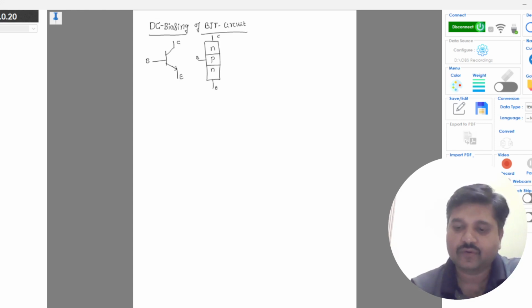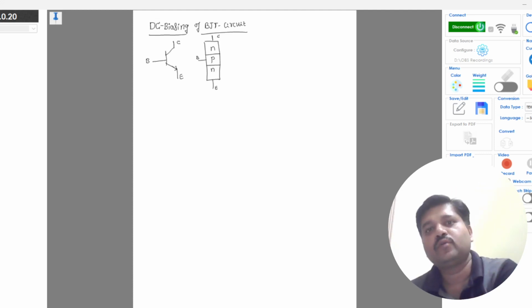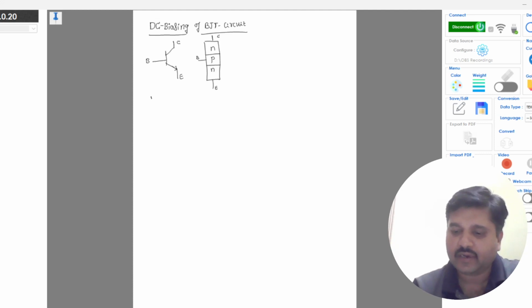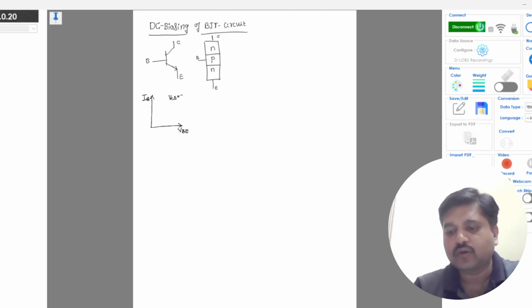So first, before going to the biasing circuit, we will discuss the input and output characteristics of the BJT circuit. In the input characteristics, we vary the input voltage VBE and we observe the input current IB, keeping the output voltage constant, say for example 5 volts.